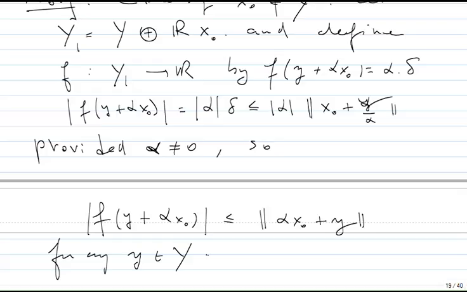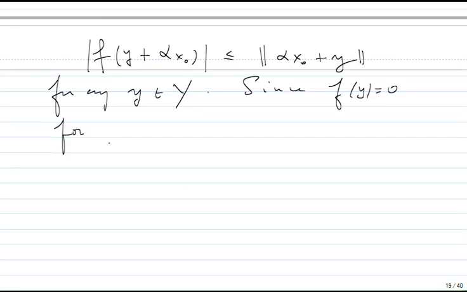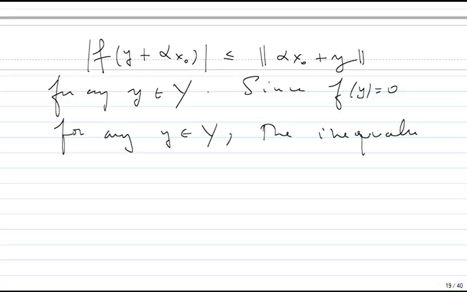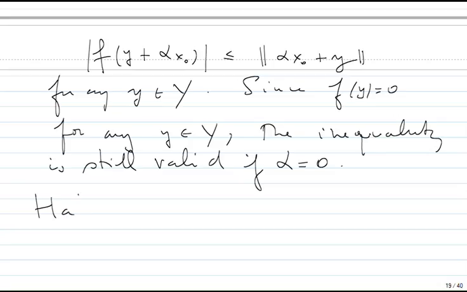Since f of y is equal to 0 for any y in Y, the inequality is still valid if alpha is equal to 0. So this tells us what? That there exists, now we can use the Hahn-Banach theorem.